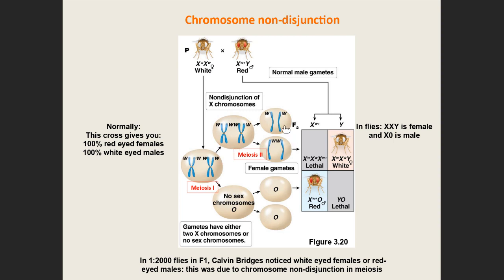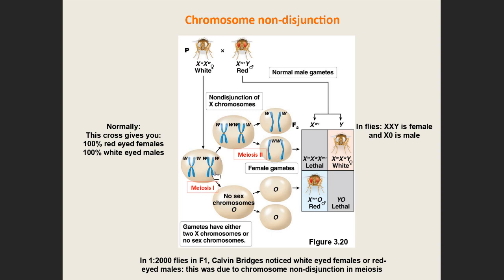And on the other side, you'll have one cell, meiocyte, after meiosis 1 that has an extra X chromosome, and that extra chromosome is just going to line up at metaphase 2, just like a regular chromosome, and the sister chromatids are going to separate, and you're going to get a gamete with an extra X chromosome.